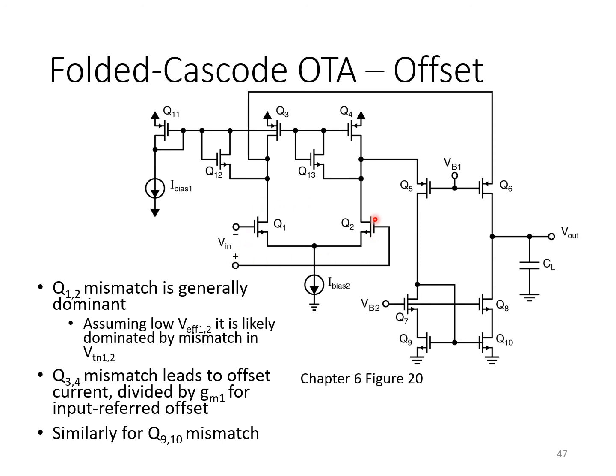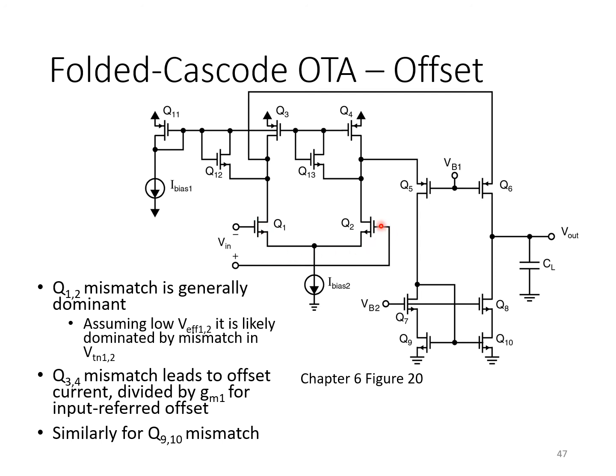And since we've likely sized transistors in the op amp to try to maximize GM1 and 2 for a given bias current, it's quite often the case that GM1 and 2 are relatively large, and therefore the input referred offset contribution of all the other transistors is divided by that large GM and therefore smaller than the mismatch inherent in Q1 and Q2.